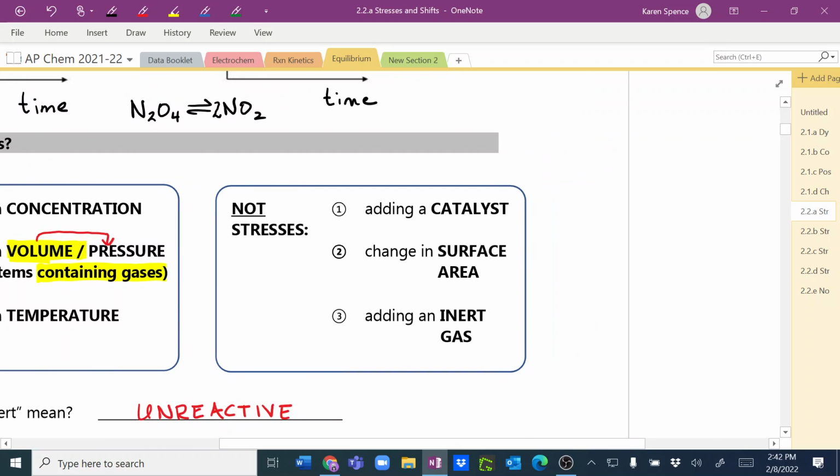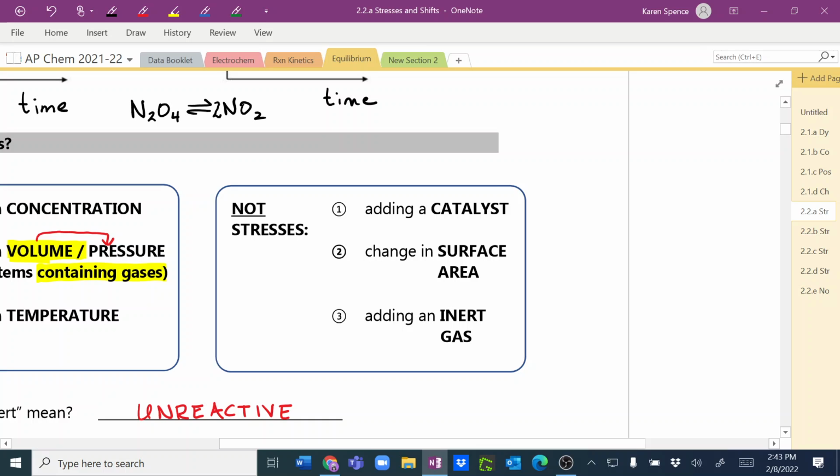What does a catalyst do to a reaction? It speeds it up. How does it speed it up? It lowers the activation energy. It lowers the activation energy by the same amount for the forward and the reverse reaction. So it actually speeds up the forward and reverse reaction equally. Yes?